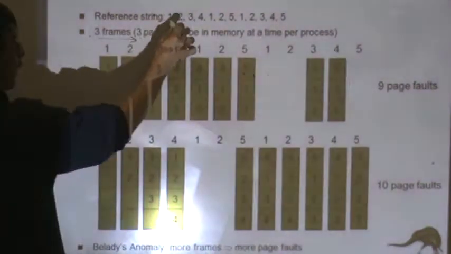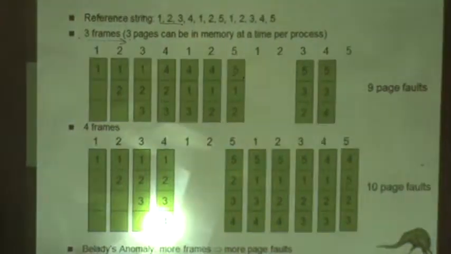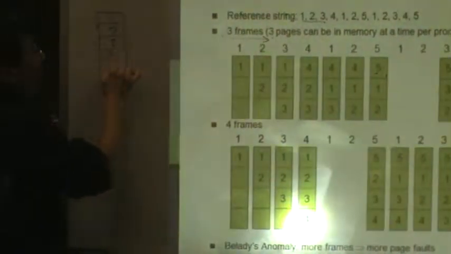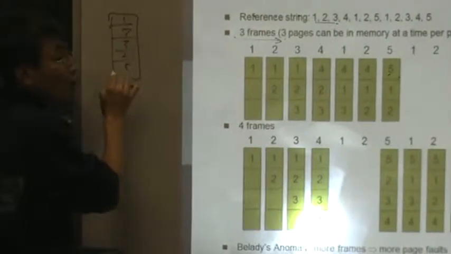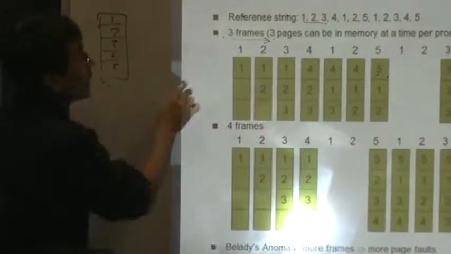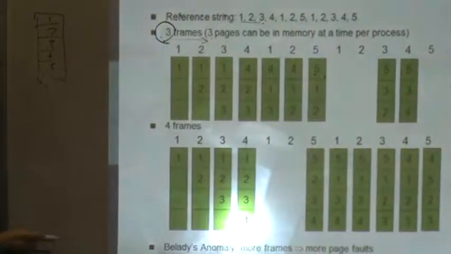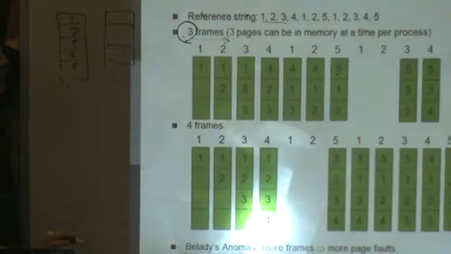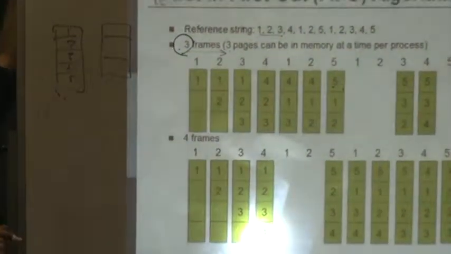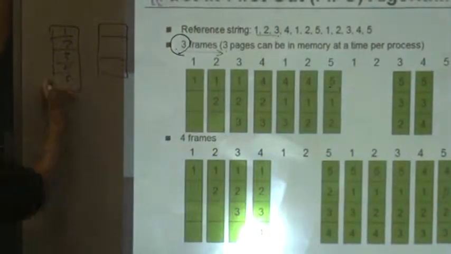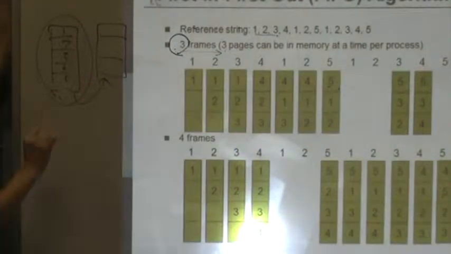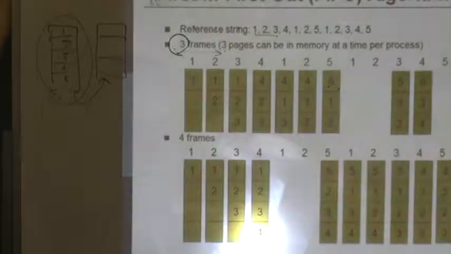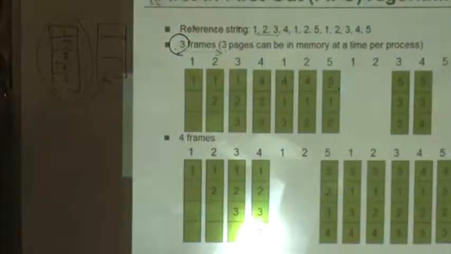The reference string, as I explained, is the process pages 1, 2, 3, 4, 5. It's virtual memory, your process, not physical memory. Physical memory has how many frames? 3 frames. We have only 3 pages in our physical memory. It's very small, so definitely we cannot load the entire program into memory because we have only 3 available.